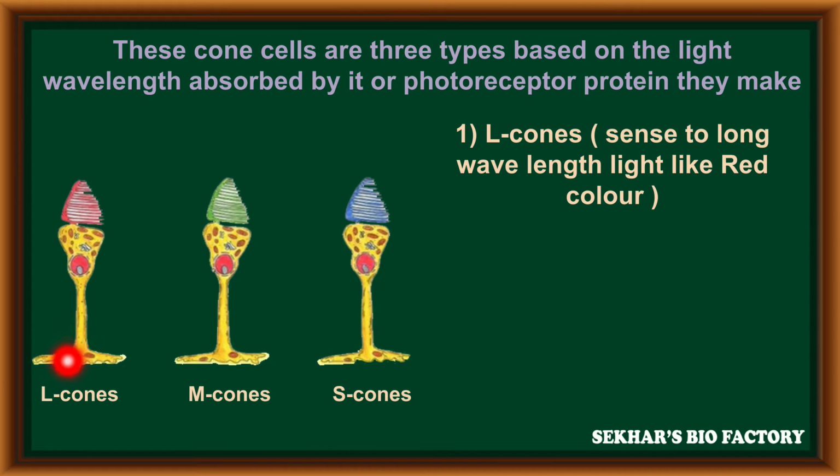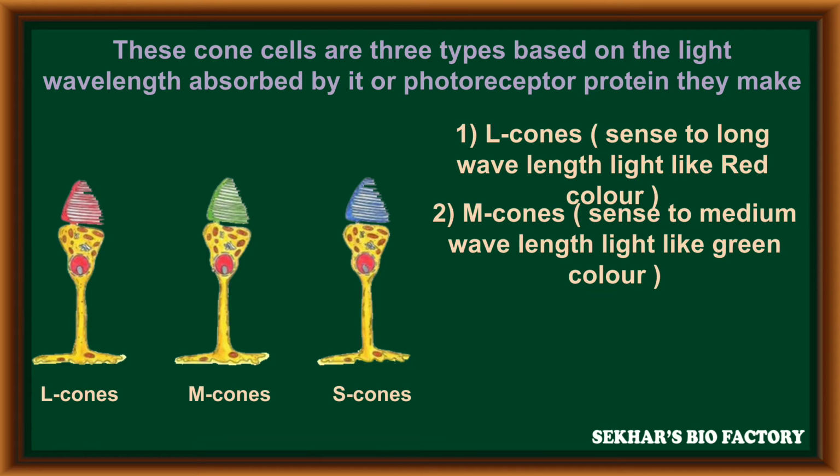L means long wavelength light. The second type is M cone cells, which are sensitive to medium wavelength light like green color. That's why it is named M cones. M means medium wavelength light.